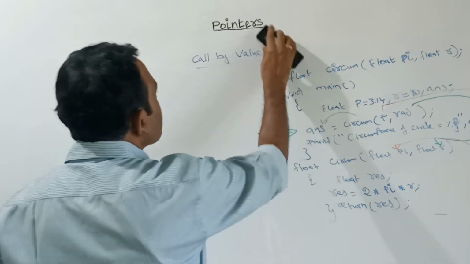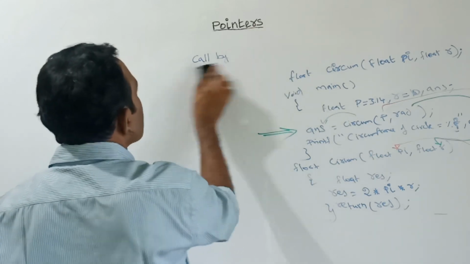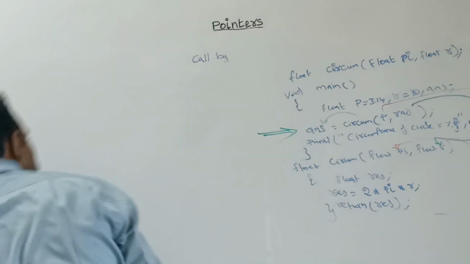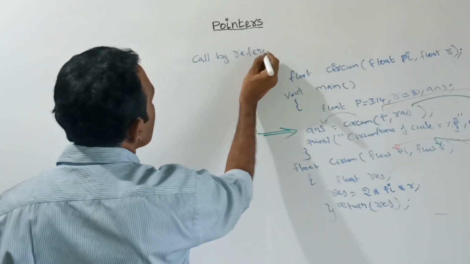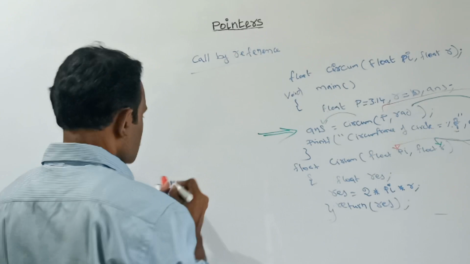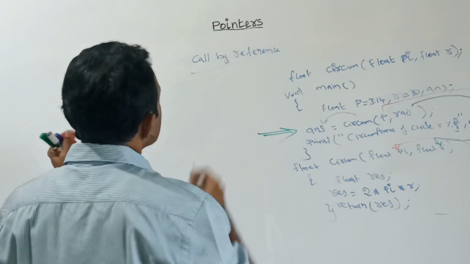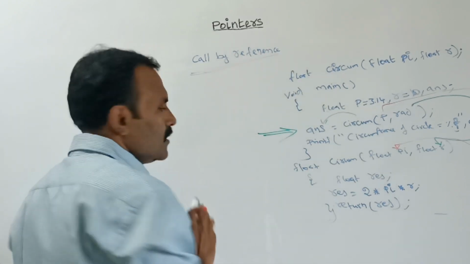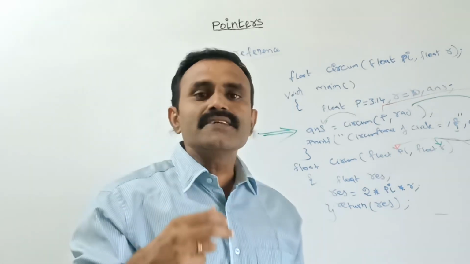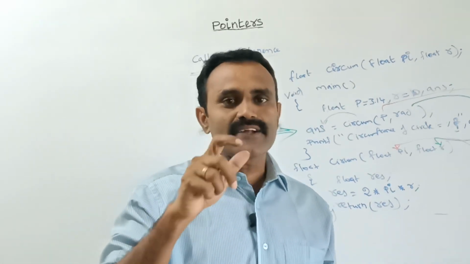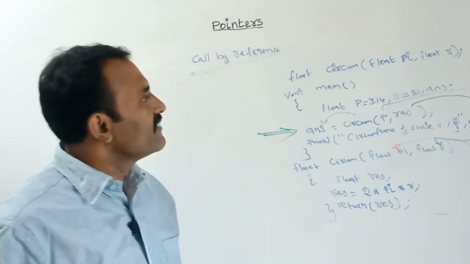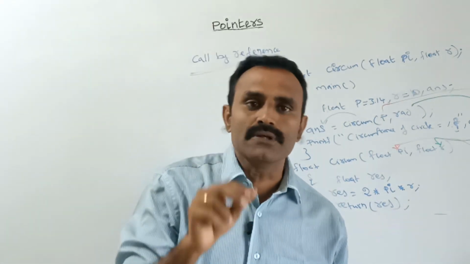See, let us take the same example here. What is call by reference? Instead of passing the value, we are passing the address of a variable, that is known as call by reference. For that we should mention pointer variables.